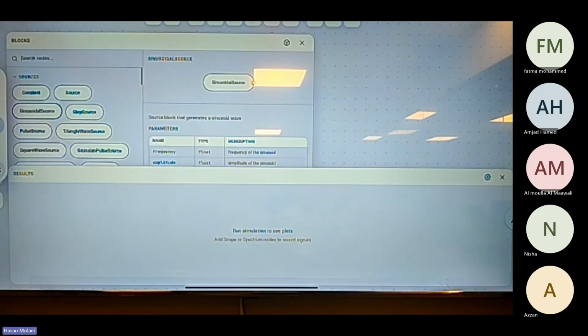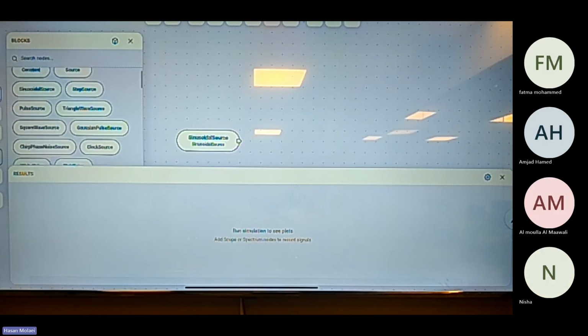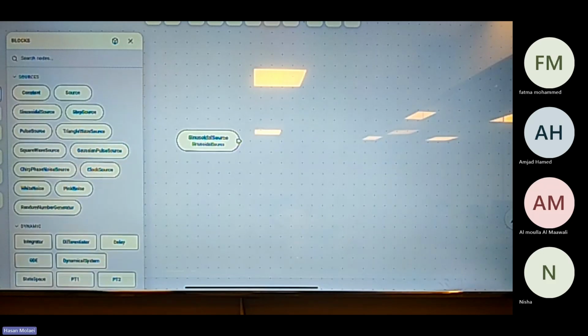What we want is a time signal, what else? It's built from exponentials, but it doesn't have an exponential block. Do you see any exponential block? I didn't.